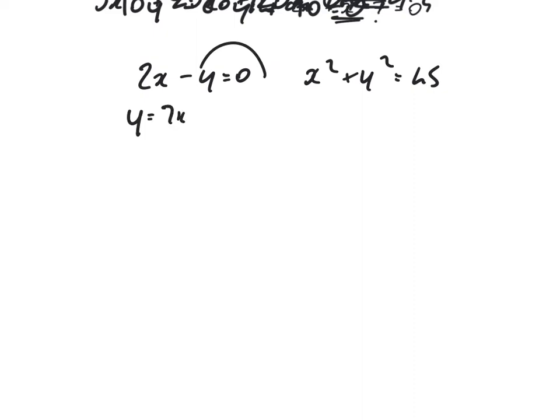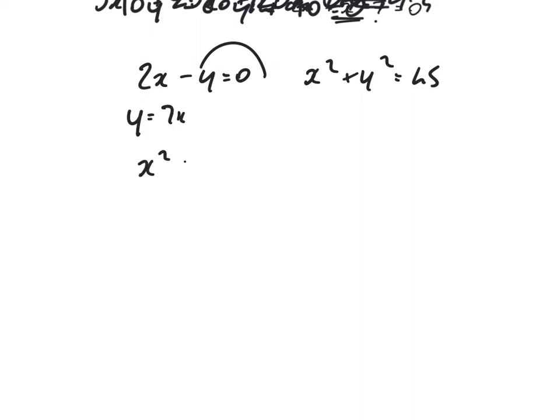Okay, let's try another. Find where the line 2x minus y equals 0 meets the circle x squared plus y squared equals 45. Okay, so let's rearrange this then as y equals 2x.